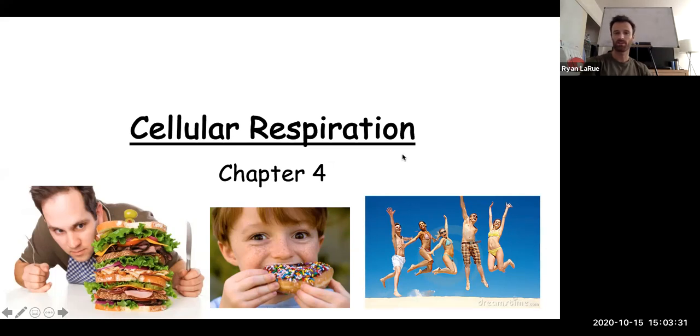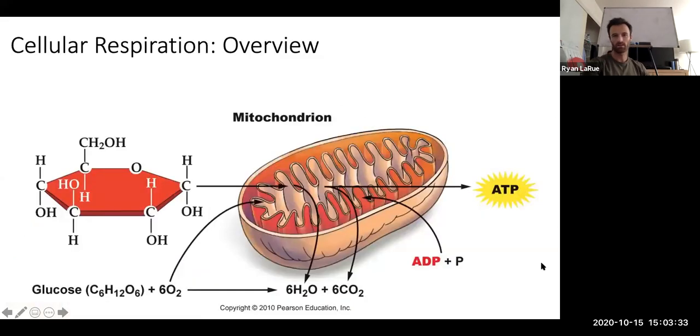Cellular respiration. Let's take a look at an overview of cellular respiration. So last time and the time before, we've been talking about enzymes, energy, metabolic reactions, catabolic reactions, anabolic. Cellular respiration is truly the most important catabolic chemical process in our cells.